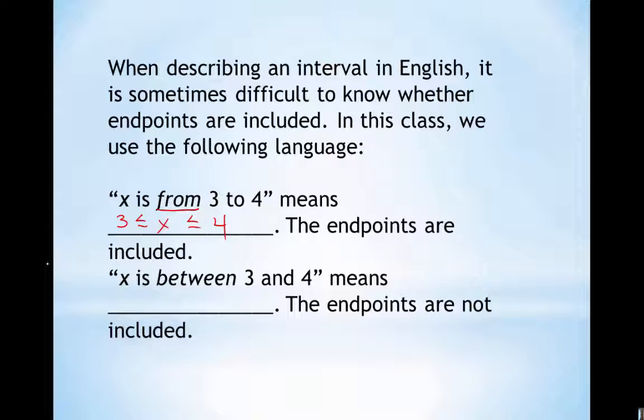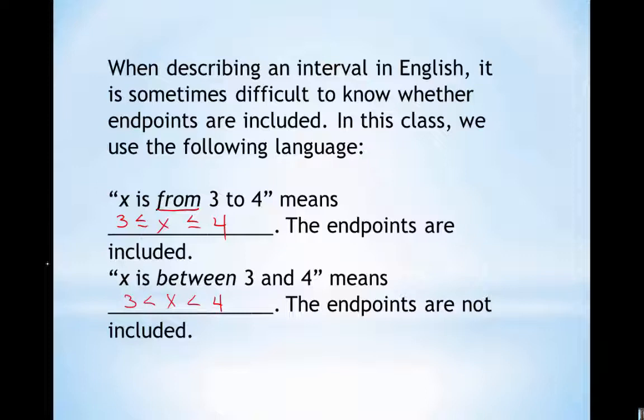If we say x is between 3 and 4, that's the same as saying 3 less than x less than 4. So which one has the open dots? The top one or the bottom one? The bottom one has the open dots. Okay? The top one has the equal signs.